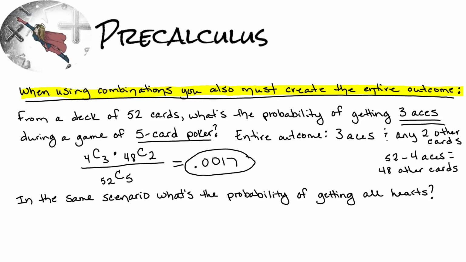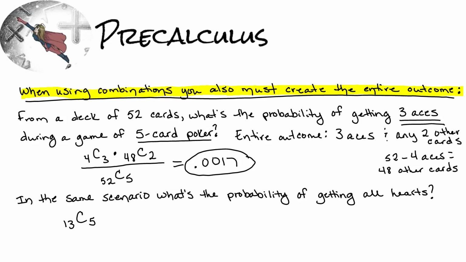And then in this next question, it's just showing you the same idea. It says, in the same scenario, what is the probability of getting all hearts? So if you think through a deck of cards, there's 13 hearts. And out of the 13 hearts, we want to choose any 5, because it said you're going to get all hearts.